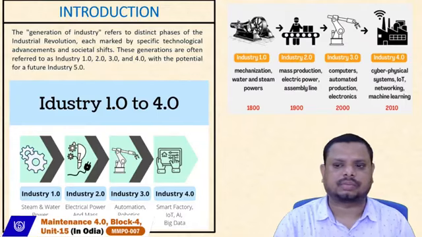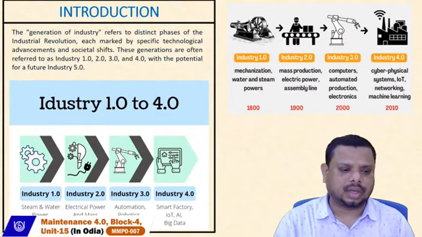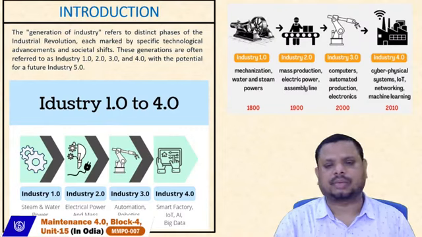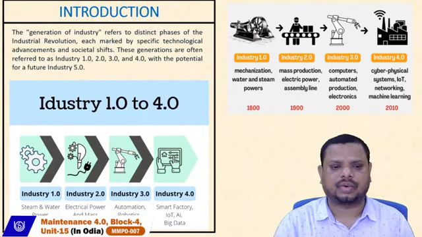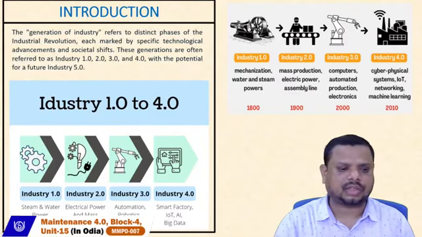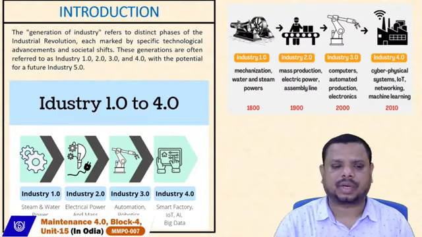Then we have established a large amount of networking, and we have to learn about the new update of Industry 4.0, that is machine learning. So as far as industrial revolution from the first phase to the fourth phase is concerned, in the first phase, as I told, steam and water power and mechanization were there. Then in the second phase, Industry 2.0, it was dedicated to electric power generation and mass production.